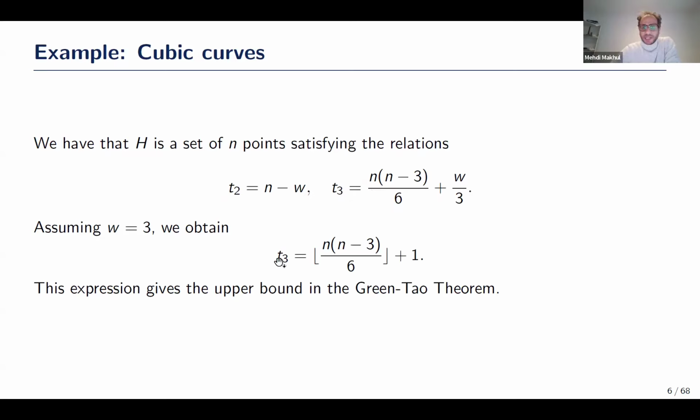Therefore, the number of lines passing through exactly 3 points is given by this big number. And when I'm talking about too many tree-rich lines, it means the number of such lines must be of order n squared.